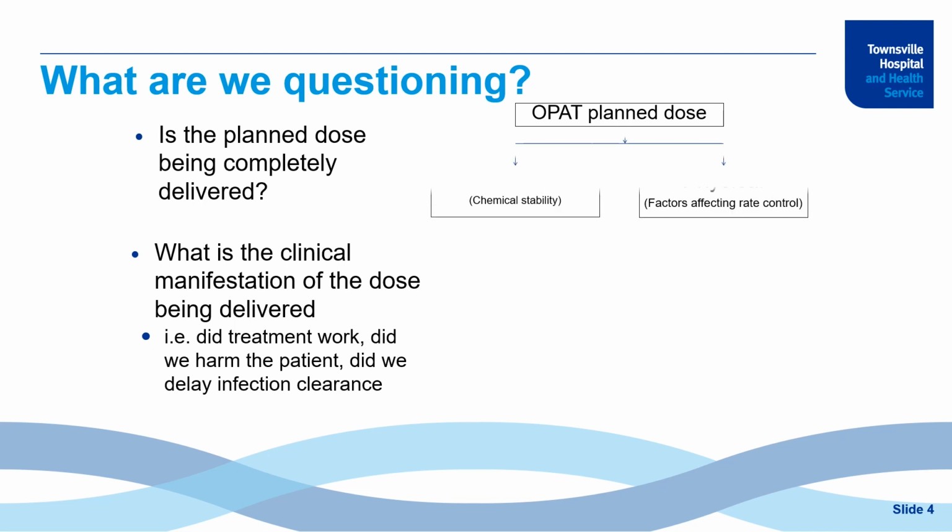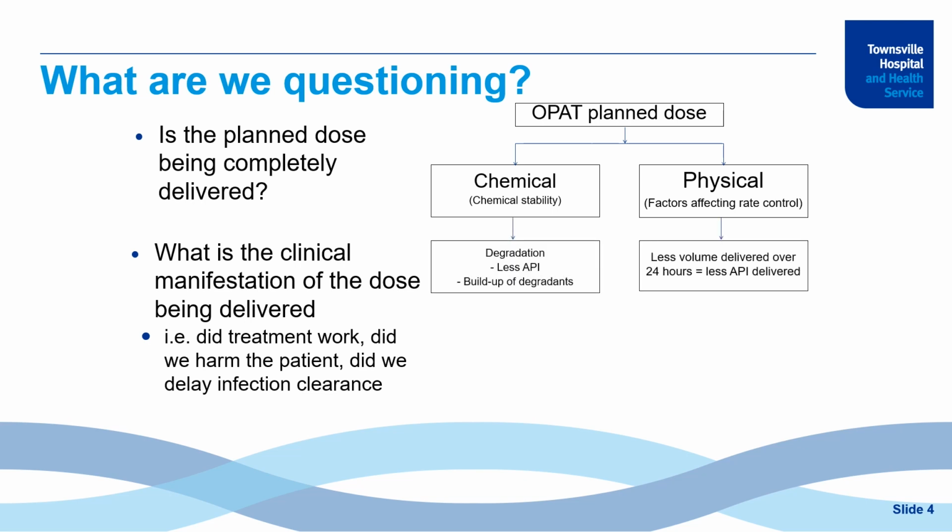Now, the way I break it down, and this is how I assess the evidence into different stages of the OPAT dosing, is when we're thinking about is the total planned dose being delivered, we've got chemical stability issues and then physical issues that affect the flow rate. On the chemical stability side, we're looking at is there less active pharmaceutical ingredient actually in the solution by the end of the infusion, because that results in less drug.